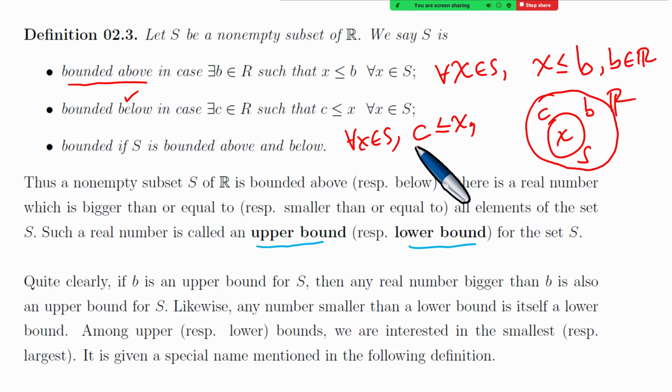Are bigger than C. C is way too small. It's smaller than everything in S, and therefore C qualifies to be called a lower bound of S, and therefore the set S, if such a C exists, is said to be bounded below.